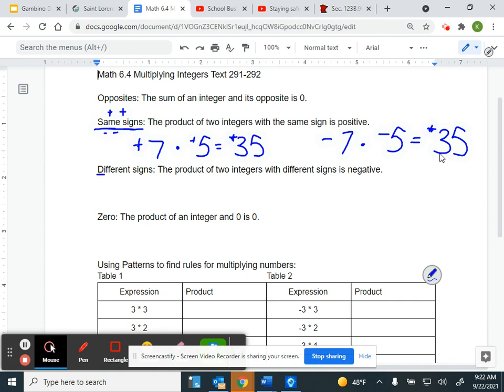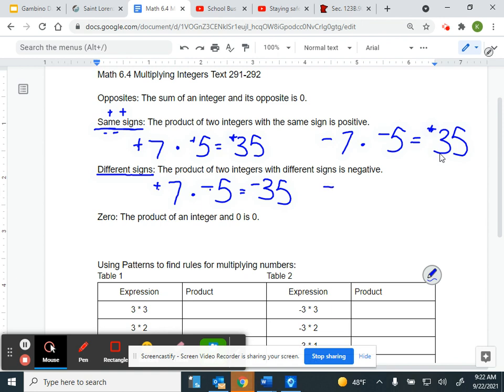If we're multiplying different signs, the product of the two integers with different signs will always be negative. So if we have a positive 7 times a negative 5, it's going to be a negative 35 because they are different signs.